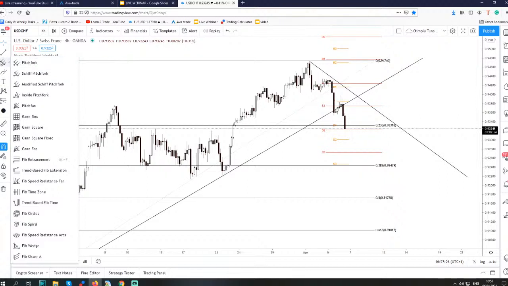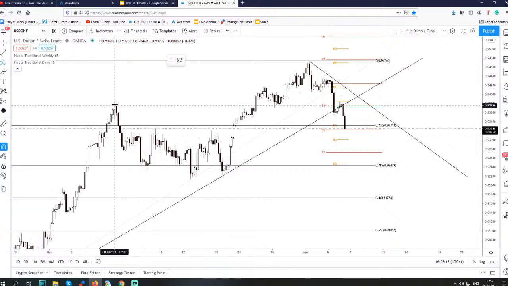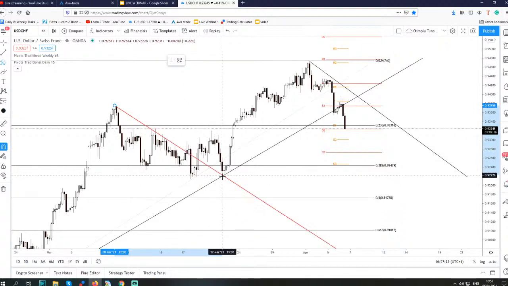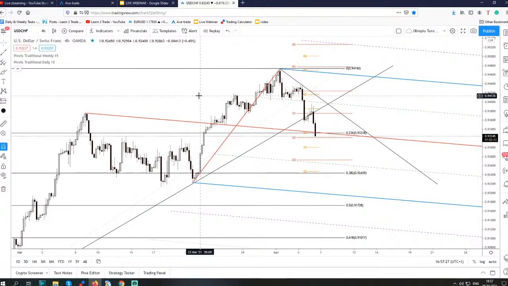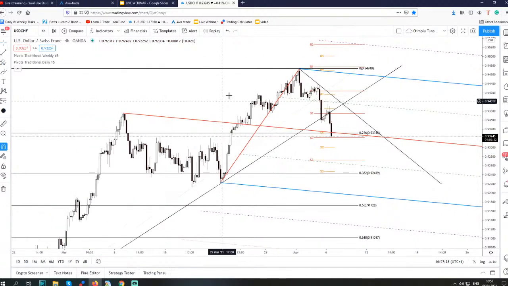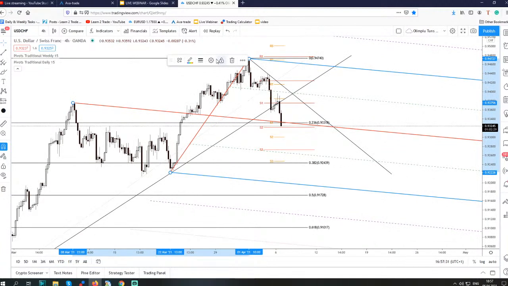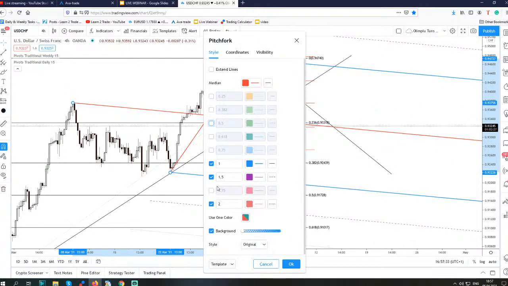You have it here in TradingView, and you can select from inside pitchfork, modifiers, shift pitchfork and pitchfork, and you have to select 3 points, 3 pivots, and draw it. Okay, let's delete these levels from here.